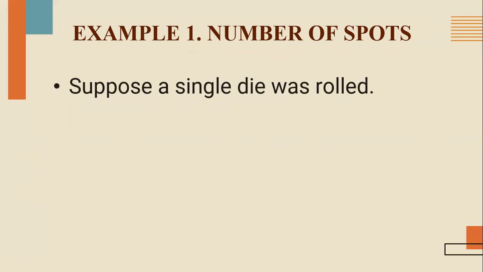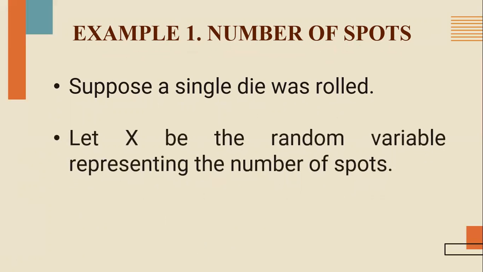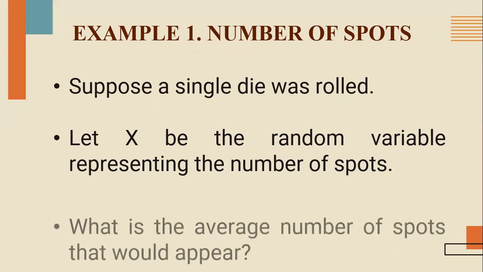Let's have an example. Example 1 is about the number of spots, or the number of dots, in a single die. Suppose a single die was rolled. We will let x be the random variable representing the number of spots.